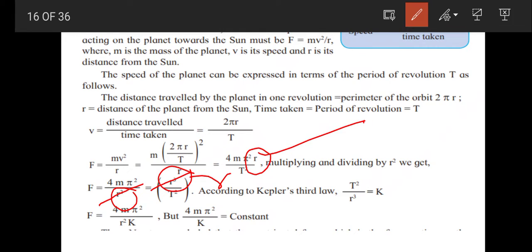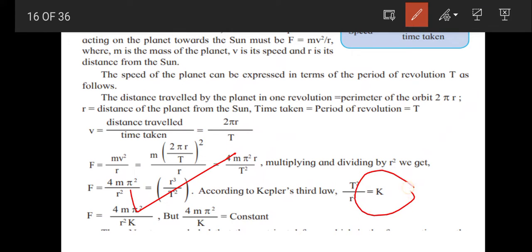That's why here we are utilizing the second power and here the third power. So 3 minus 2 is 1. So here r cube upon t square is nothing but k, according to Kepler's third law. That's why our expression becomes 4m pi square divided by r square into k.